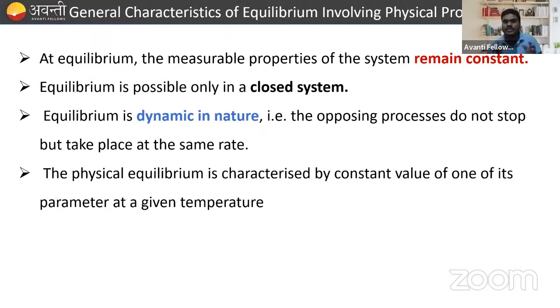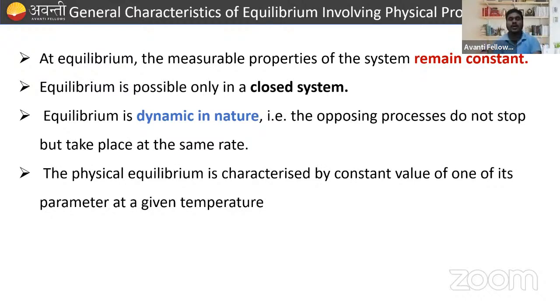So the amount of both seems to be the same. But what is happening is they are continuously changing concentration, but we can't observe the change because they are dynamic in nature. It means the time in which the product gives reactant is exactly the time in which the reactant gives a product back, so we can say that equilibrium is dynamic in nature.